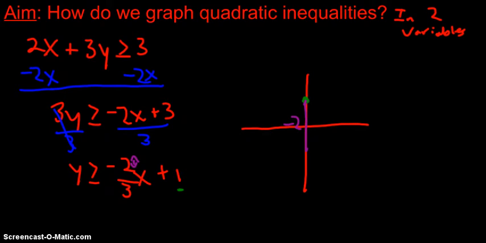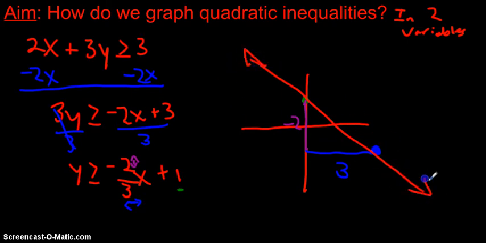The run is left and right, 3, which is positive, so we'll go this way 3, 1, 2, 3, that's a distance of 3. So using that we can graph our line, which goes about that way. Obviously use a straight edge.